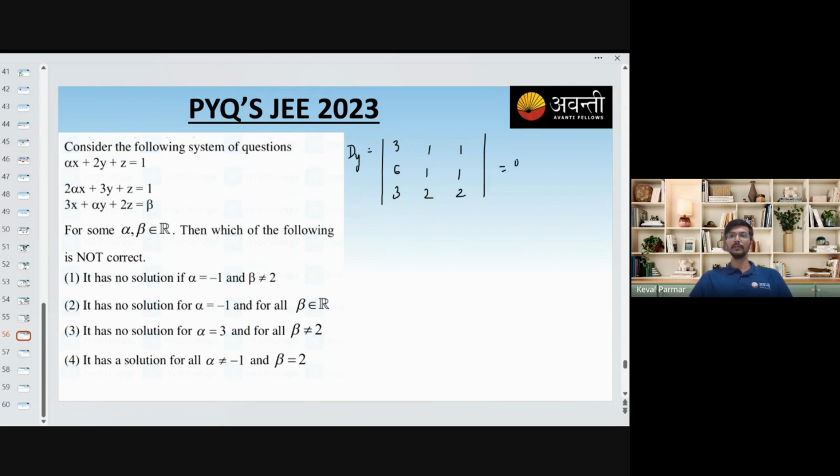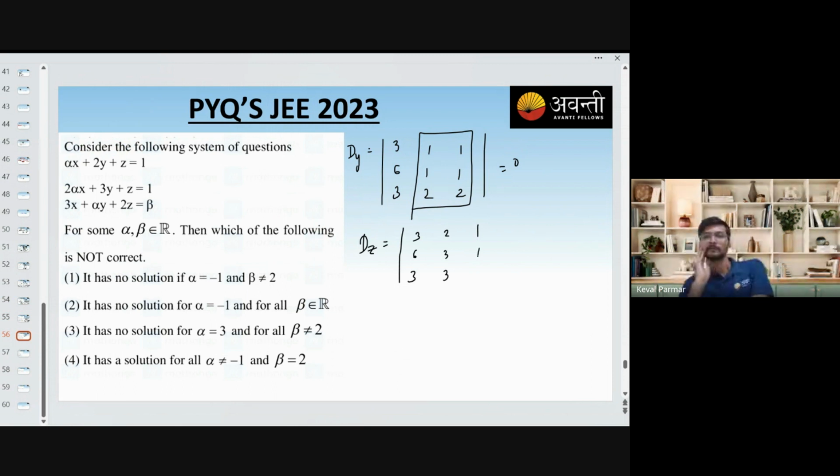You get it equals 0 because both of the rows are the same, and Dz will be equal to 3 6 3 2 3 3 1, 1 2. We'll have to calculate its value, right, guys?